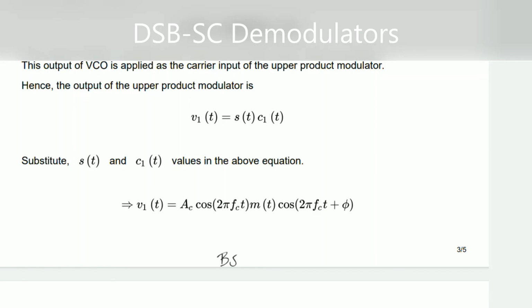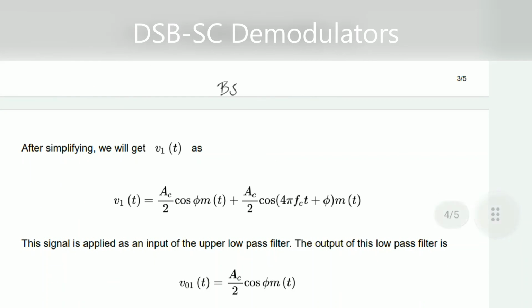Putting the values here, at last we get v1 of t equal to Ac by 2 cos phi m of t plus Ac by 2 cos 4 pi fct plus phi into m of t. When this signal is passed through the low pass filter, it will give the low frequency signal, which is v01 of t equal to Ac by 2 cos phi m of t.